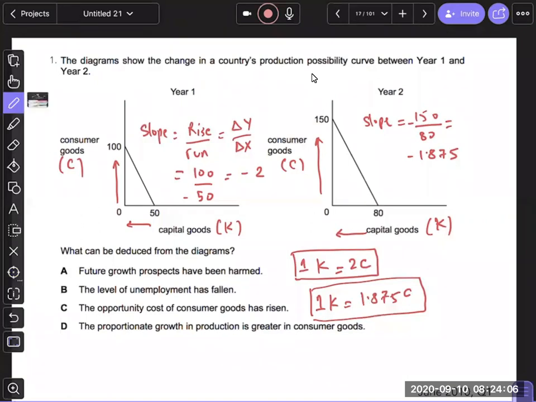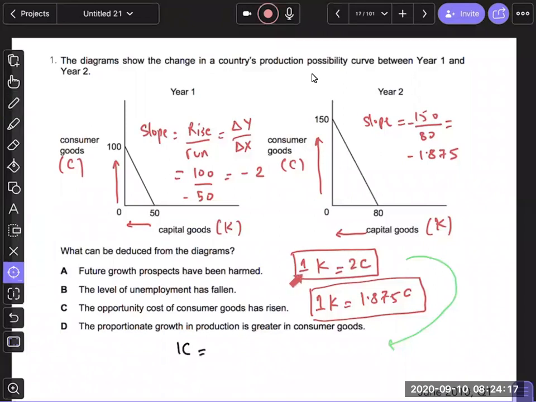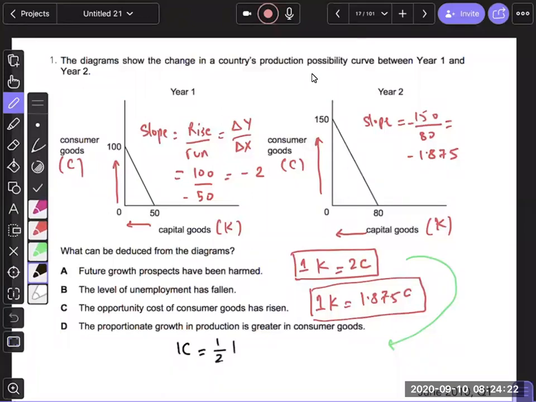But if I rewrite this equation and ask, what about for 1C? For 1C, I bring this 2 to the other side. It's going to be half K. Versus this one, for 1C, what is 1 divided by 1.875?